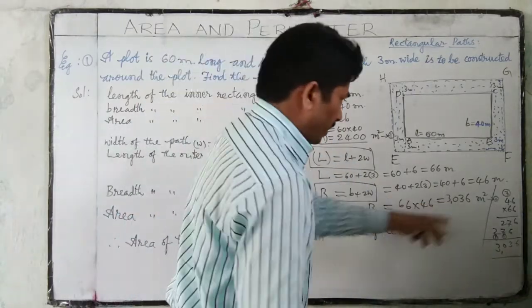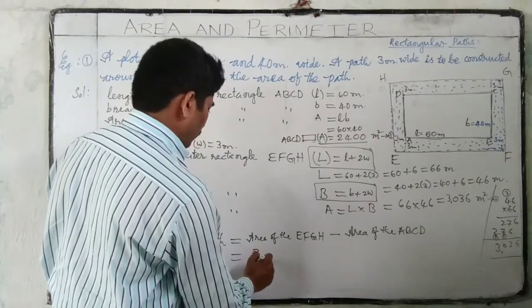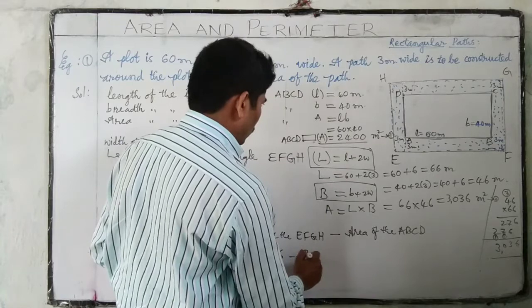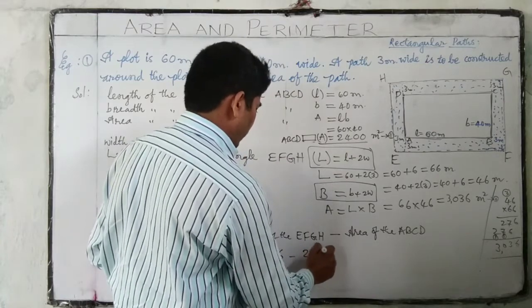Area of the outer rectangle 3036 minus area of the inner rectangle 2400.